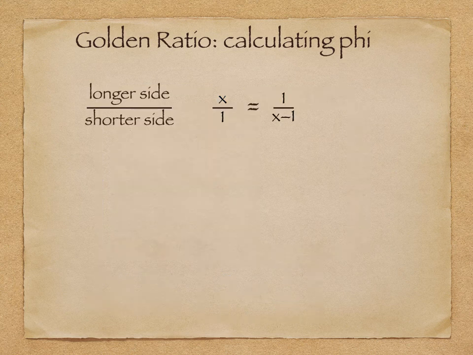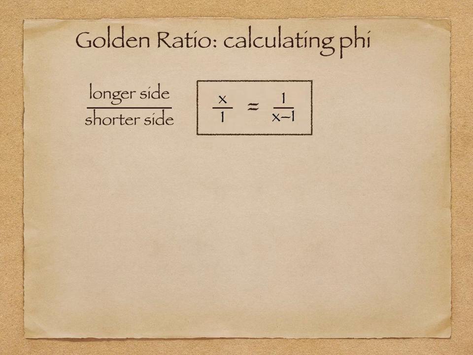So here's the equation again. x divided by 1 is equal to 1 divided by x minus 1. Let me do some housekeeping to simplify the equation. First, the left-hand side, x divided by 1 is simply x, so I can write it as x equals 1 over x minus 1. Next, I don't like this awkward fraction on the right-hand side, so I'll multiply both sides of the equation by x minus 1.